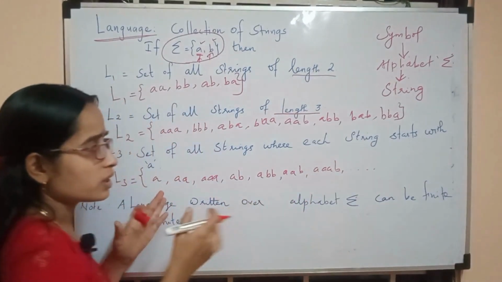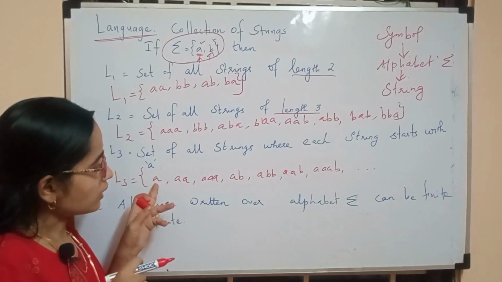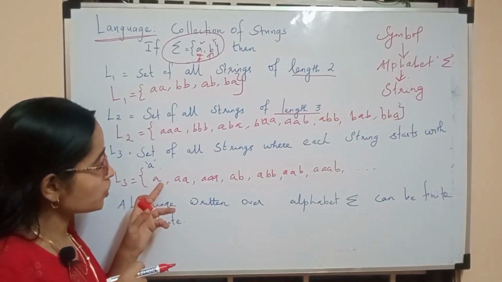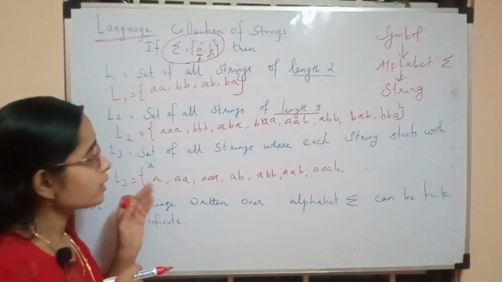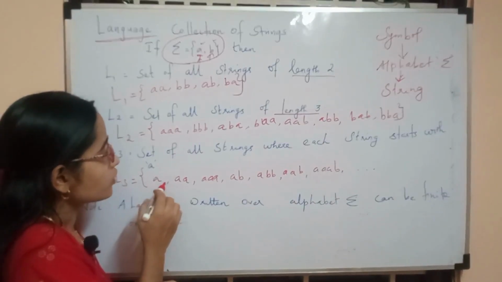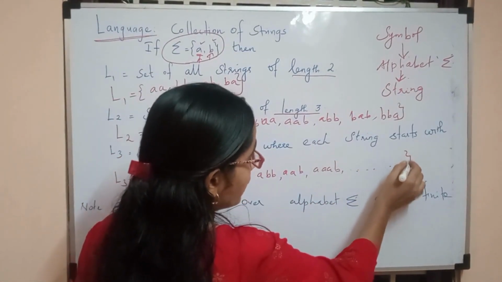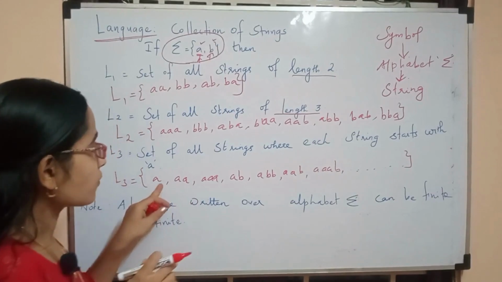Likewise, you can have any combination. Your string should start with A, but they have not mentioned the ending or middle of the string, so you can have any combination of A or B. So the set is an infinite set, which may contain any kind of combination after A.